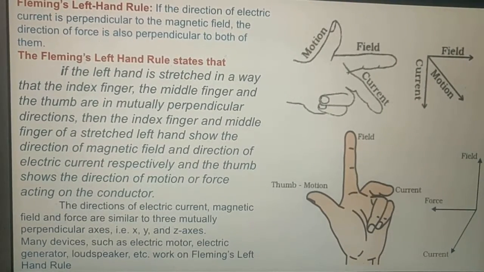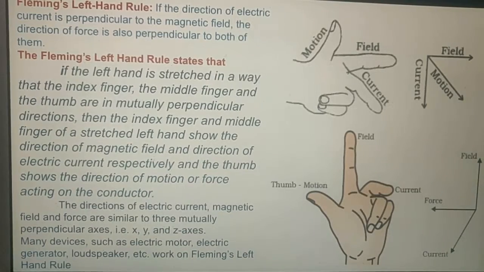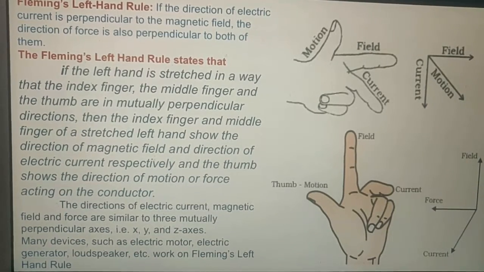Fleming's left hand rule. If the direction of electric current is perpendicular to the magnetic field, the direction of force is also perpendicular to both of them.